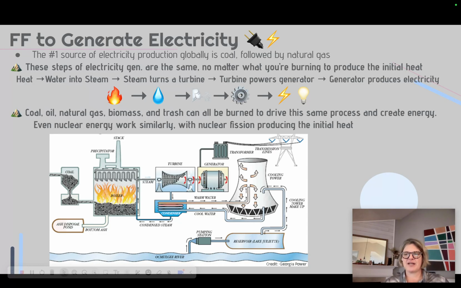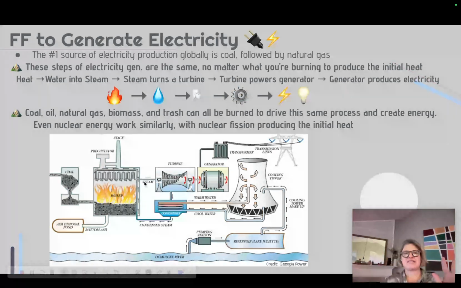So, I mean, it could happen again. They like to talk about fossil fuel combustion. It's a real environmental problem that we need to address throughout the world, actually. But you need to understand these steps. And so these steps occur with coal when we use it as a fuel, when we use oil as a fuel, when we use natural gas as a fuel, when we use biomass, when we use trash.